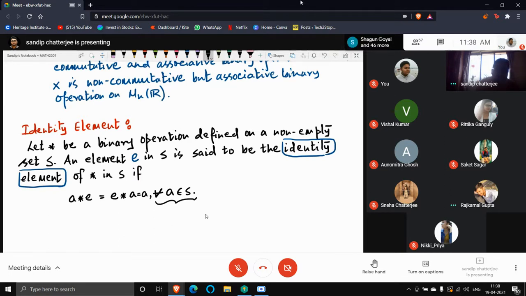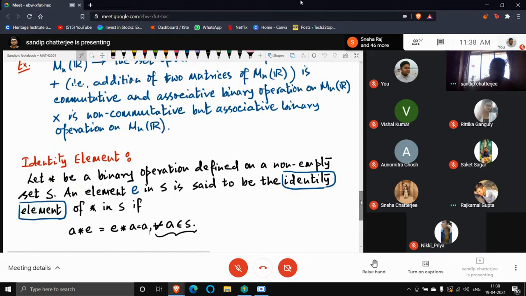Now, in case of matrix addition on the set of n cross n square matrices, as I defined above, what will be the identity element?